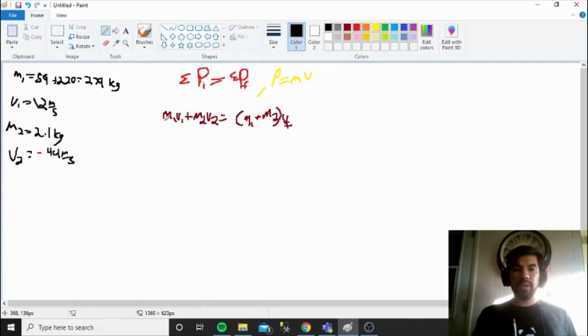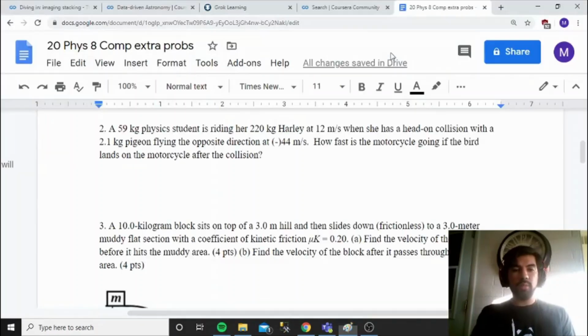Another way to imagine that is the first momentum plus the second momentum. This is of the bird, this is of the girl on the bike, and this is going to be all their momentum. I'll just call it PF because if they're all combined, there's only one. So it'd be M times V, but we have to add the masses. The question was how fast.